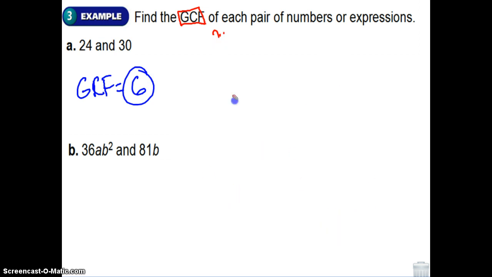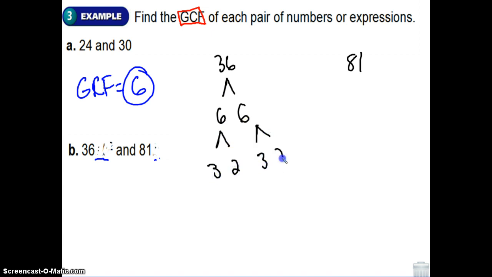The next one, everyone's going to start panicking. Oh my gosh! Because there's variables, but let's not worry about those right now. I'm just going to cover them up like so, and focus on the 36 and the 81. Now, I know 36 is broken down to 6 and 6, which breaks down to 3 and 2, and 3 and 2.